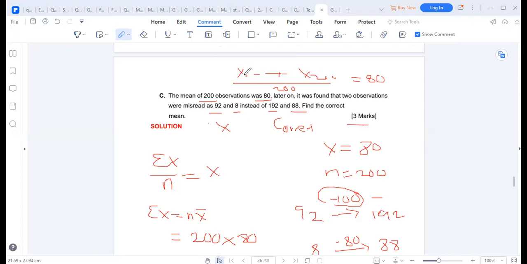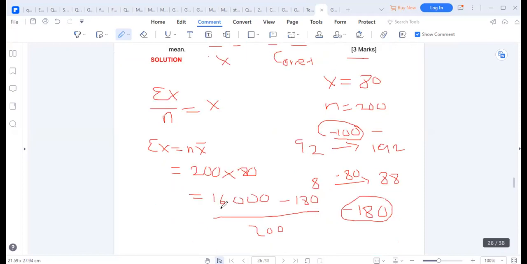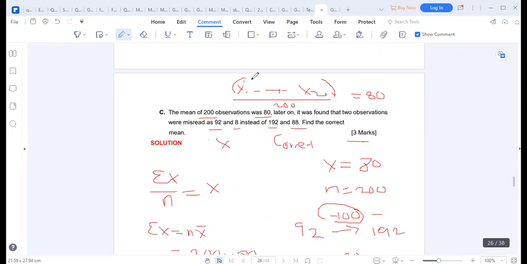If we add all these figures from x1 to x200, the total divided by 200 was giving us 80. So to know the sum total, just multiply 200 times 80, we got 16,000. So whatever figures were in here, when you total them up, they'll give you 16,000.